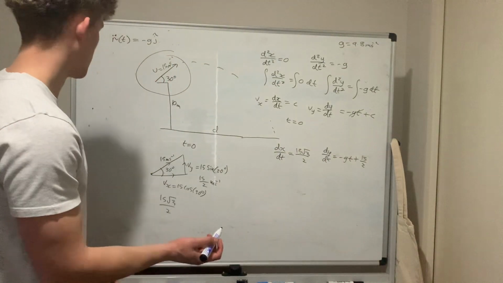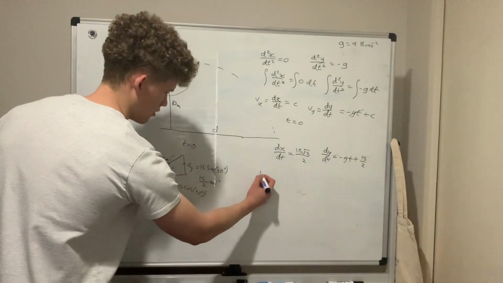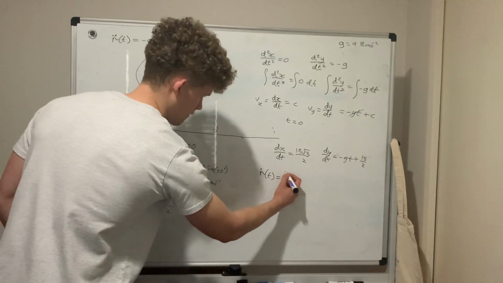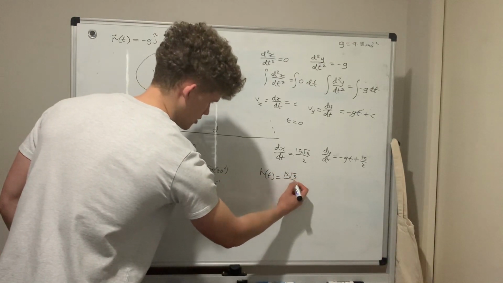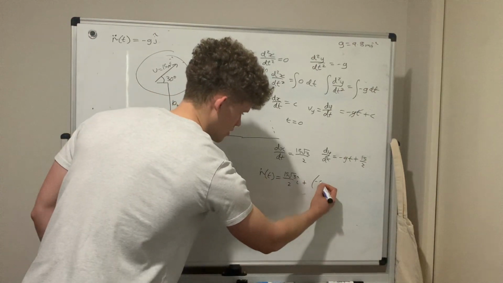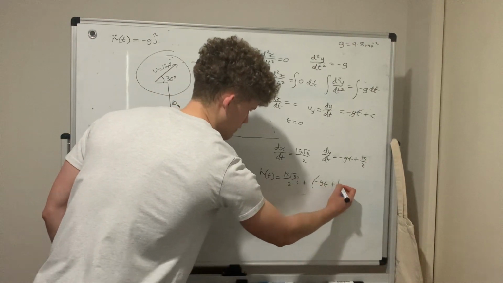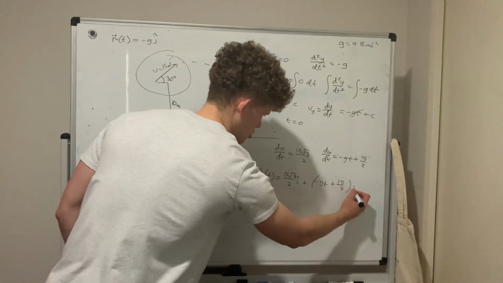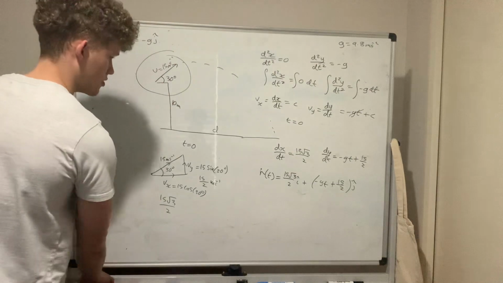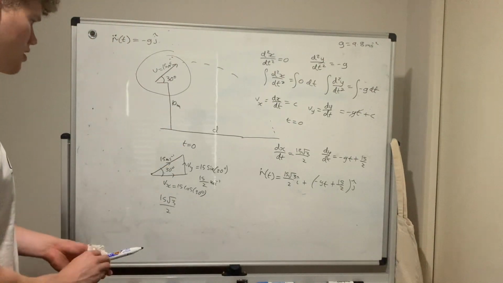Okay, so that means my vector equation for velocity, so r with one dot, is just going to be 15 root 3 over 2 i plus all this, so negative gt plus 15 over 2 j. Righto, we're almost there. So all we got to do now is remove a lot of this stuff because we don't need it anymore.